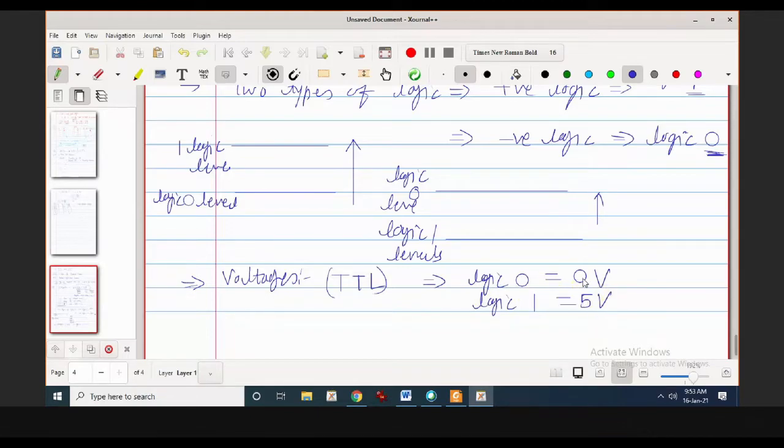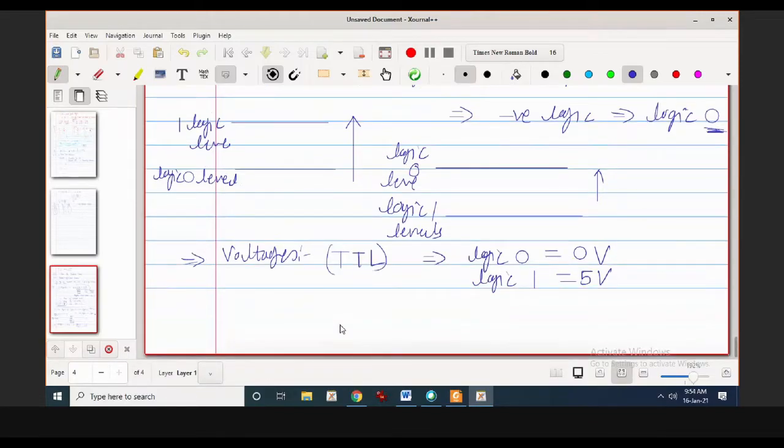So 5 volts is higher than 0 volts, and you can see that this is positive logic. Again, in negative logic, my logic 0 will be 5 volts and my logic 1 will be 0 volts. This way we can understand positive and negative logic.